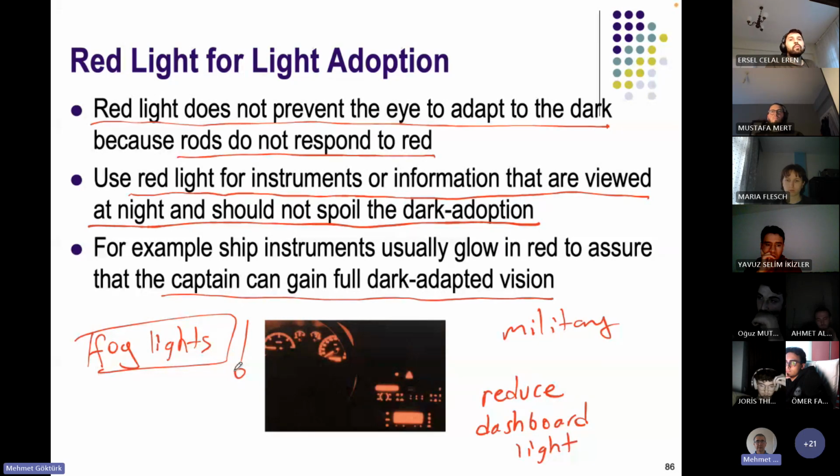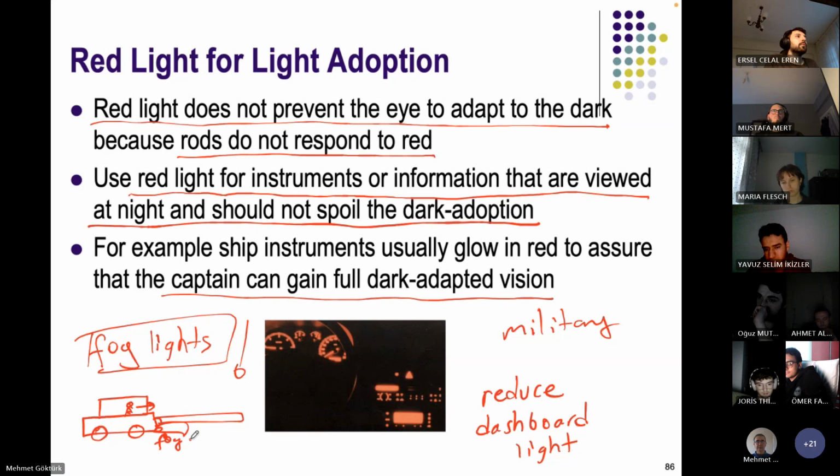However, it is the opposite, because with the car, this is the fog light, this is the regular light, okay, this is the driver going this way. When you turn on the fog light, it creates an illumination here, which is very bright.